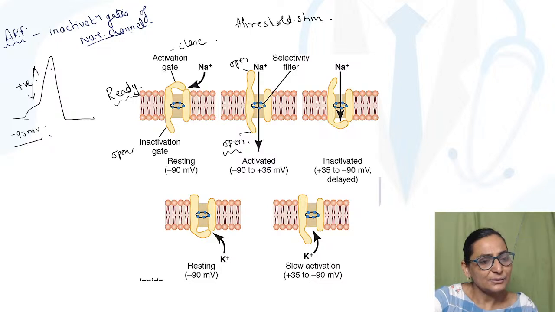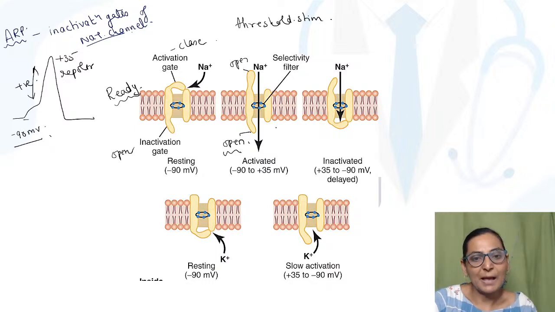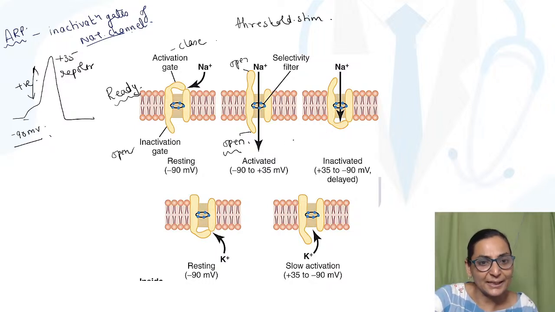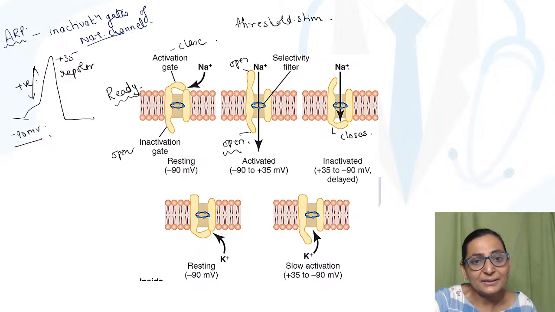Now as you reach from -90 towards +35, that is the period when the sodium channels are also going to close, right? Did we not learn that this is the period that we are going to start with repolarization? So during this phase what happens? This inside gate, the inactivation gate, closes and the outside gate is still open.